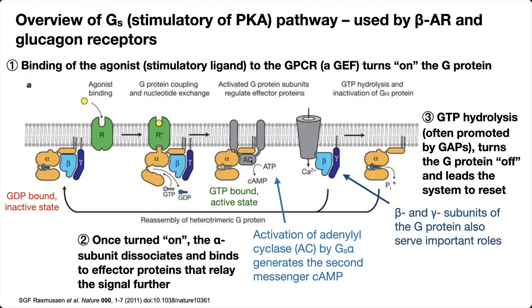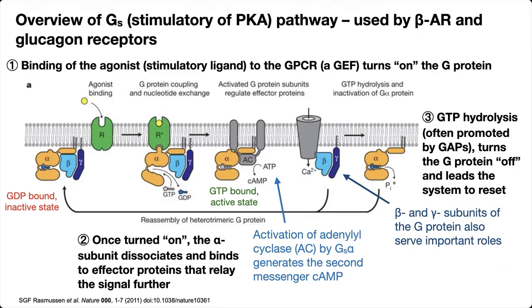It binds to adenylyl cyclase, and it's going to activate adenylyl cyclase. Adenylyl cyclase is then going to convert ATP to cyclic AMP, the cAMP. And remember, that was going to be a second messenger. We have this small soluble molecule that is then going to diffuse through the cytoplasm and activate various proteins. The beta and gamma subunits are also going to play important roles that we're not going to talk about.